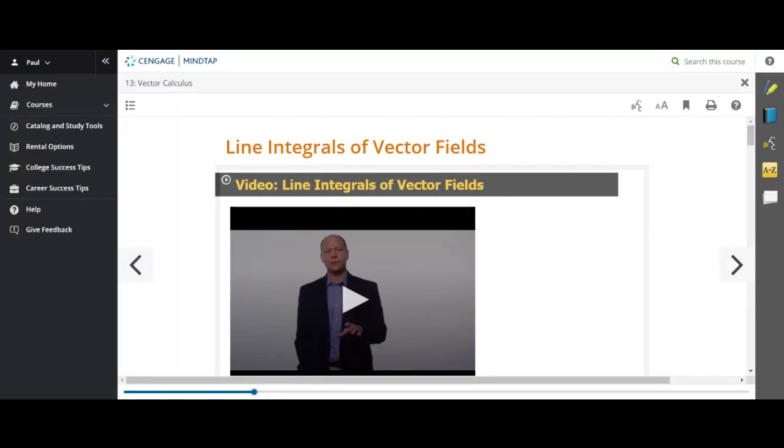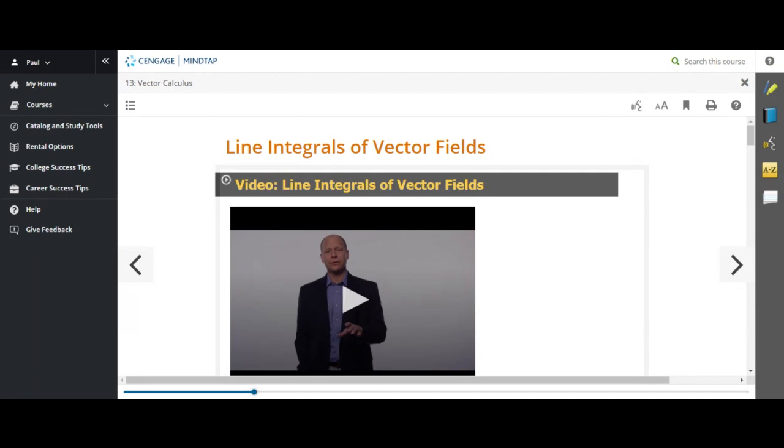Well, I want to be careful. The particle, let's say, goes from one point to another point in space. All the while it's doing this, there is a velocity field, or let's just say a vector field acting on the particle. It could be electric field, velocity field, whatever.